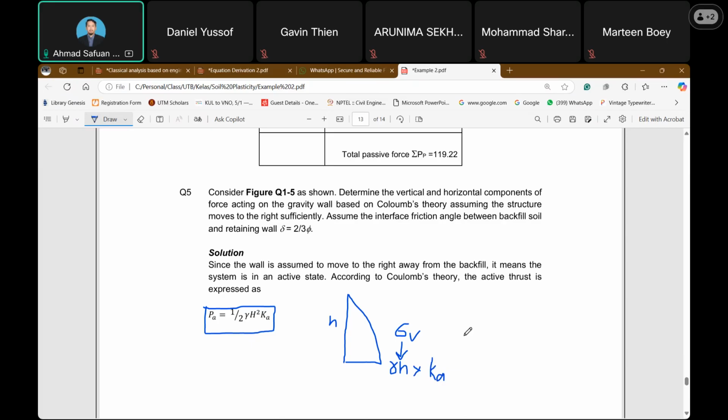To get the active thrust, or the total thrust, for this single layer of soil, we need to count this area. This area is half, because it is a triangle shape, times h height, times unit width times height times Ka.